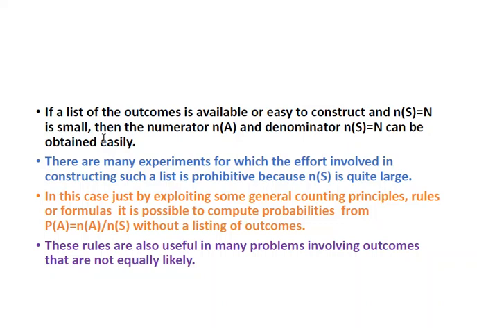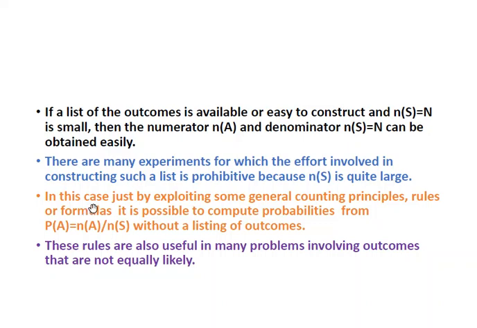But if NS, the number of outcomes in a sample space, is quite large, then constructing a list is not easy, it's hard, or maybe it's impossible.